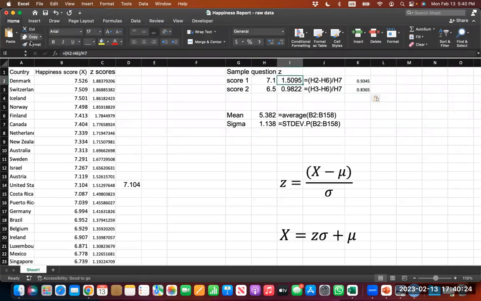So now I have these two percentiles. And now I want to know which fraction of the population is located between these two values. I just have to calculate the difference between those two. So I know I have 93.5% here and I have 83.7% here.